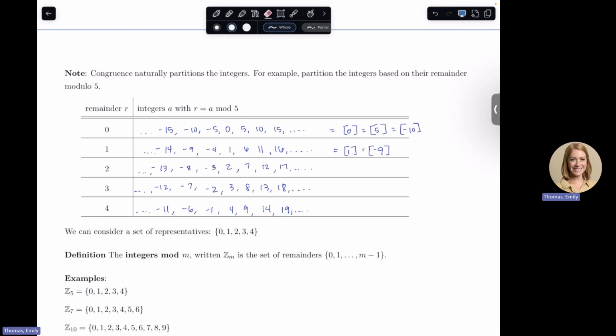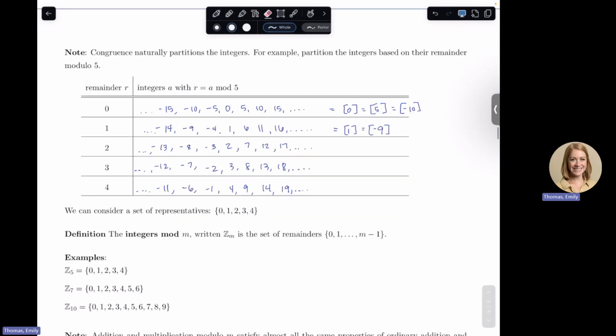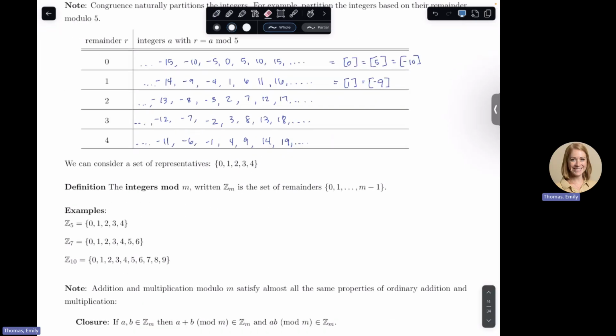So this is what's called a cyclic group. This is a cyclic group of order 5 because there are 5 things there. So this is Z5. These are also generators of the cyclic group.